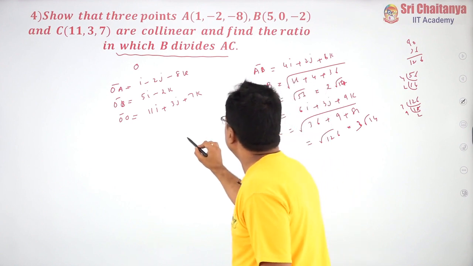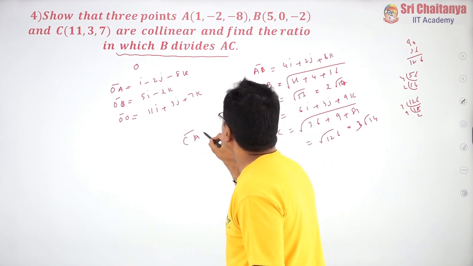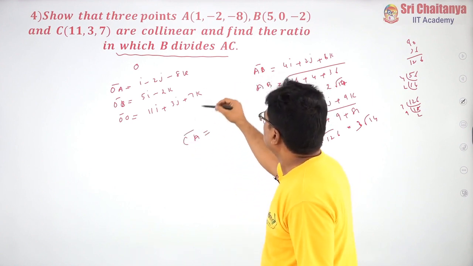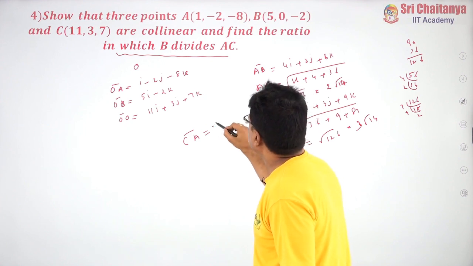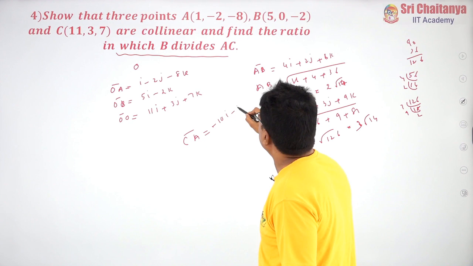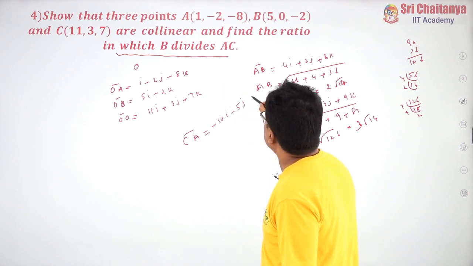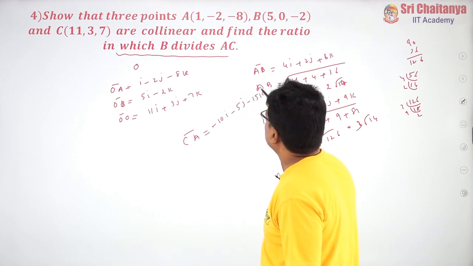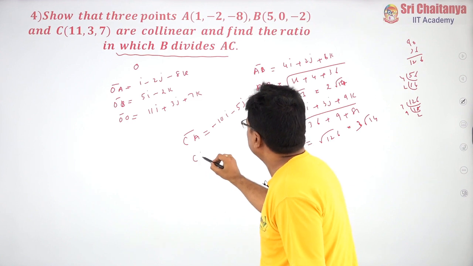Similarly, you find CA bar, that is OA bar minus OC bar. OA bar minus OC bar means minus 10i, minus 5j, and minus 15k. Then what is CA?